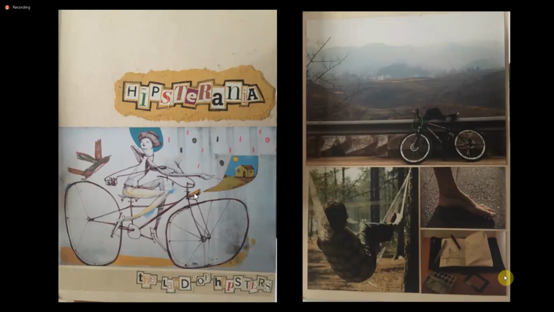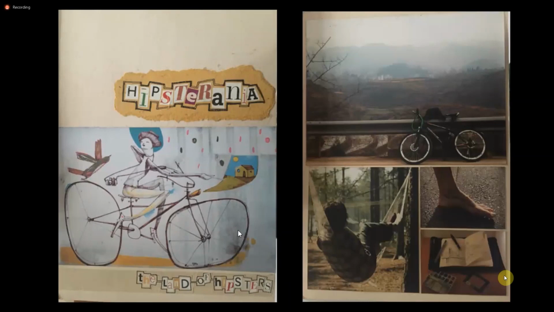So this is the concept board, the concept for this collection, for these designs. The concept is called Hipsterania, the land of hipsters. So it is about hippies.